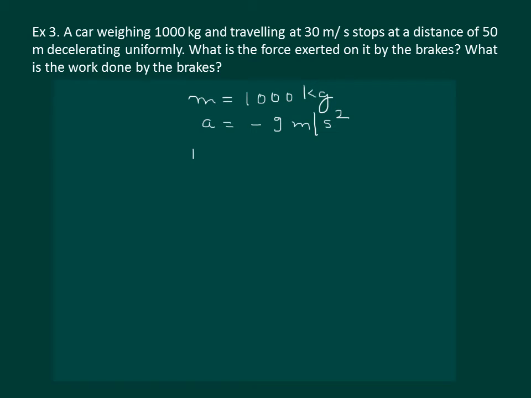So the force is 1000 into minus 9, that means minus 9000. The unit of the force is Newton. What is the meaning of this negative sign? The force exerted by the brake on the car is 9000 newtons, and the negative sign shows that it is a retarding force.